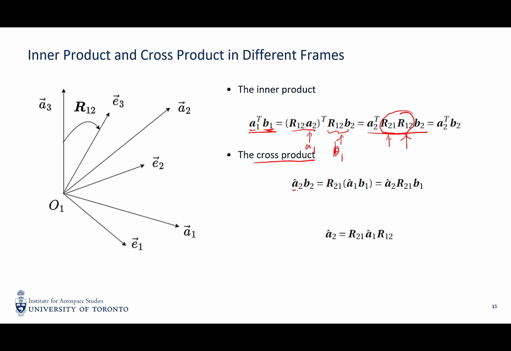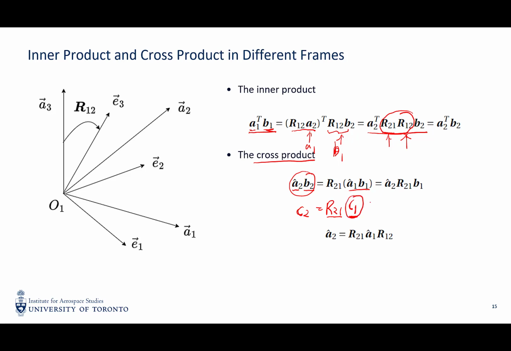So if we say we describe the cross product in frame 2 as A2 hat times B2, and because this is the same result, say C, but expressed in frame 2, we can actually use a rotation matrix to say that, okay, since we have some C1 that is expressed in frame 1, and the transformation between C1 and C2 is R21.